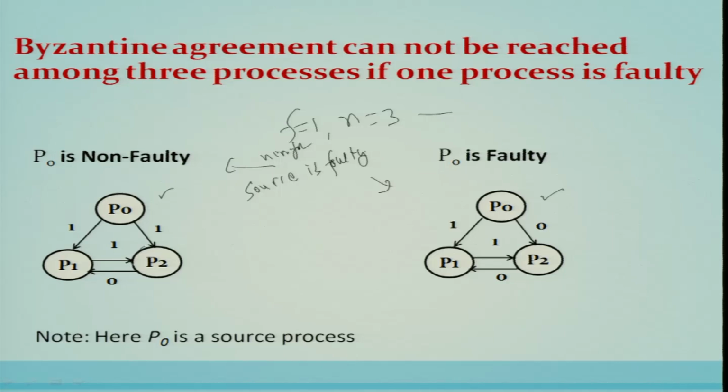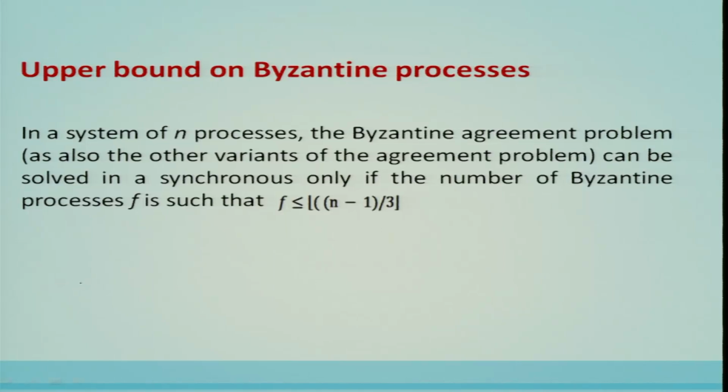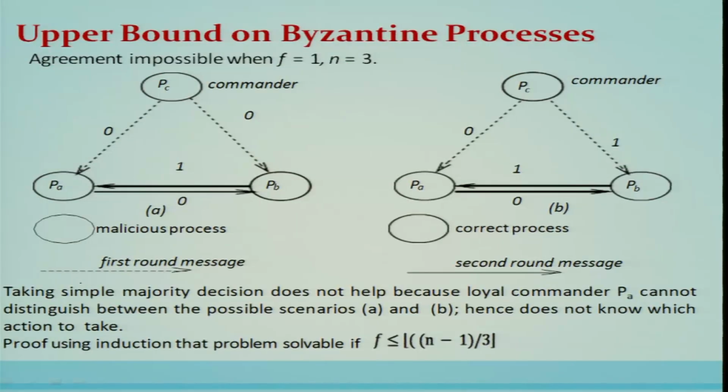Let us say that P2 is faulty. So P0 will send, because it is non-faulty, the same values to P1 and P2, and as far as P2 is concerned, it will send a different value because it is faulty. So agreement will not be reached in this particular example. So in the same example, we can see that agreement is not possible.